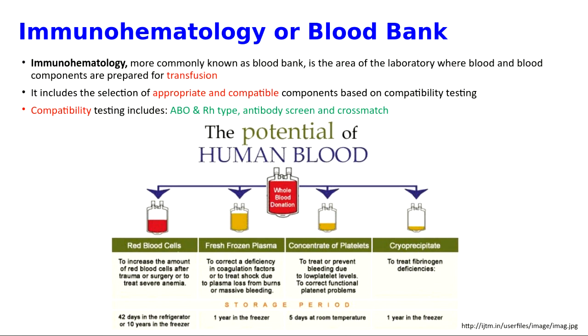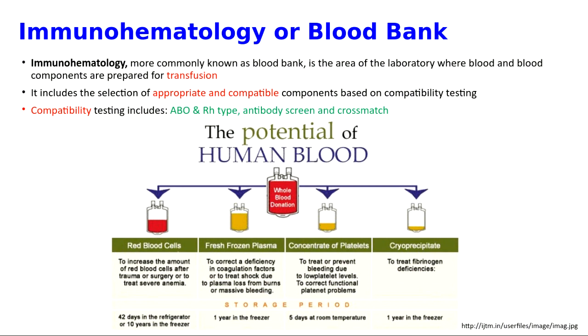And the cross-match itself, meaning we're going to get a little bit of the donor's blood and mix it with a patient's serum or plasma to see whether there's a reaction. If there is a reaction, then that blood is not compatible. We should not give it to the patient because the patient might end up with a transfusion reaction.